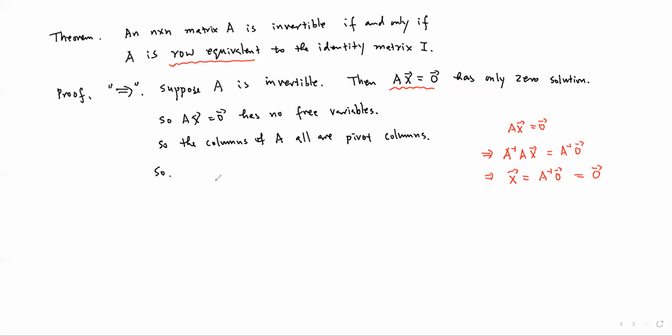So that means that A can be reduced to its echelon form, where each column has a pivot and the matrix is square. So the echelon form of A must be in this form: all the pivot numbers are on the main diagonal.